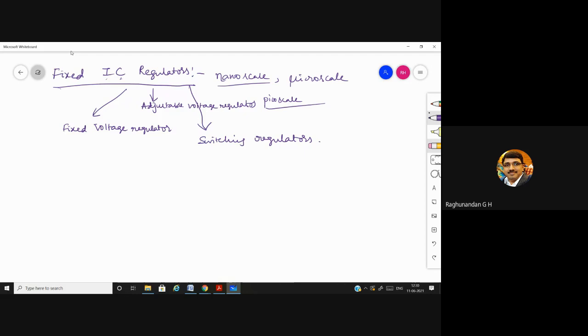Just for your knowledge, a Zener diode is 20 rupees, while a voltage regulator IC is 10 rupees. Just imagine that the IC has a Zener diode inside it. But an individual component is costly, while an IC is cheap because of bulk production. When you produce components in mass, automatically the cost reduces.